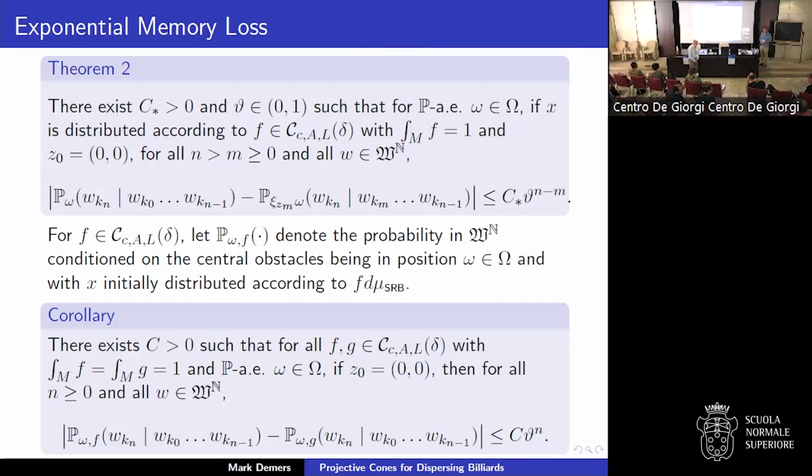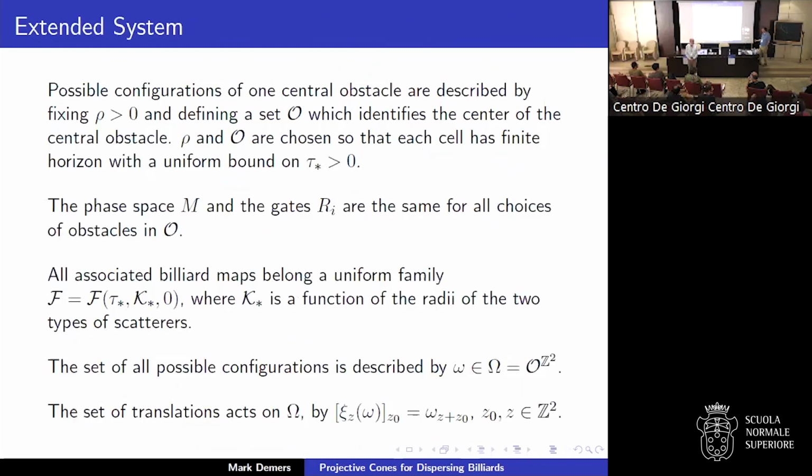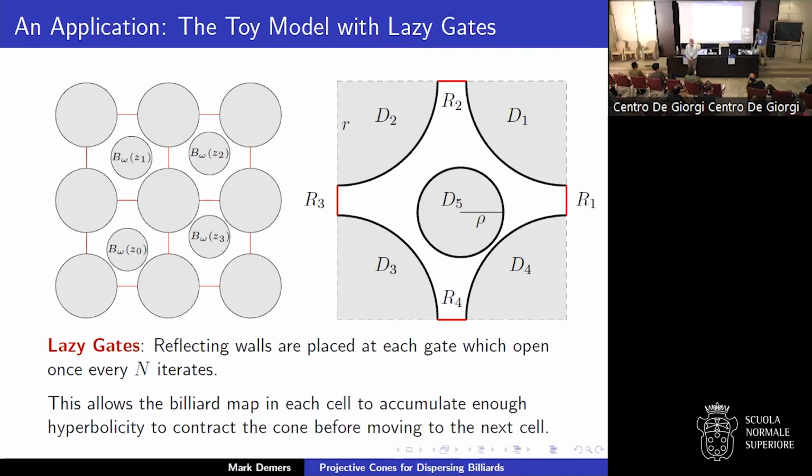Now in the case of the toy model with lazy gates, if you position your middle scatterers with some epsilon closeness to each other, in the sense that, for example, you take four lattices close to each other, and then the middle scatterers are positioned relatively epsilon close to each other in distance, relative to the big scatterers, then maybe there would be some kind of uniformity, in the sense that the particles spend some uniform time in one cell and then the other cell, because there's a drastic difference, without the lazy gates, in the time that it spends in one cell and then the other because of the position of the scatterers.